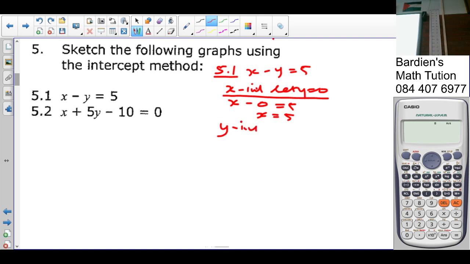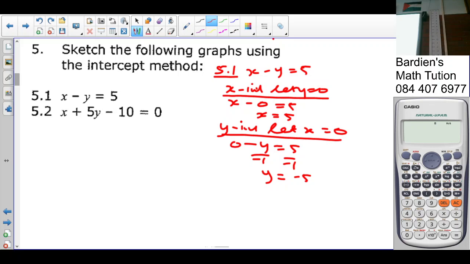What do you do for y-intercept? Let x equal to 0. So 0 minus y equals 5. Divide by negative 1 both sides. y is equal to negative 5. So that's enough information to draw the graph. By approximation x is 5 there, and your y is negative 5. So the graph will come through like that.